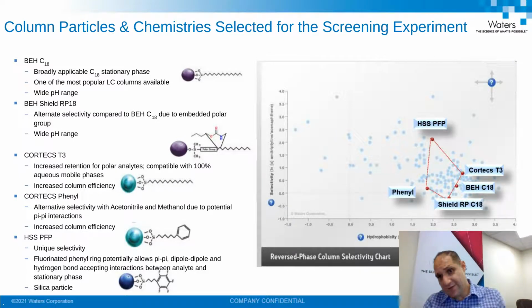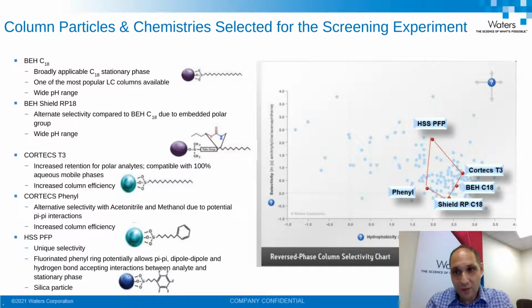So these are the 5 columns that we have used in this study, and as we said earlier, for method development, the goal is to choose columns that provide the widest range of selectivity to increase the chances of success. So we used 5 columns for this.